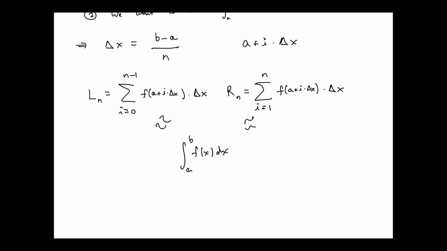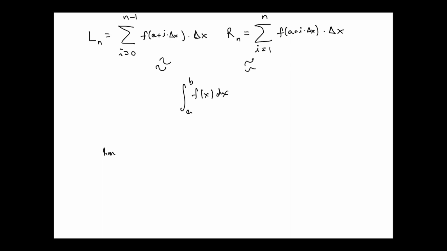Squiggly equal means that it's approximate, but not perfectly equal. And what did we say happens if you use more rectangles? You get closer. What happens if you use even more rectangles? You get closer. So how do I make this perfect? More and more and more rectangles. And how do we do that mathematically? We take a limit.